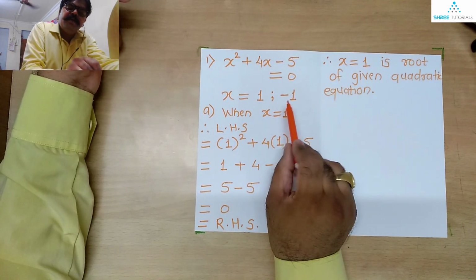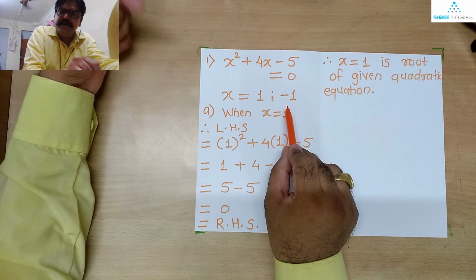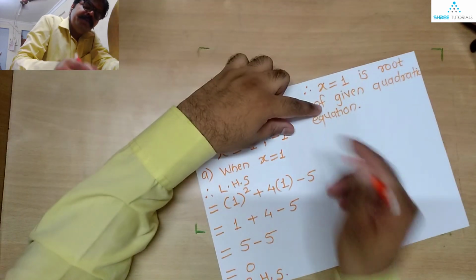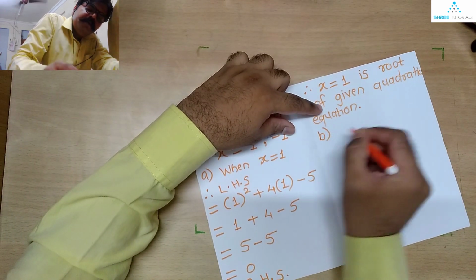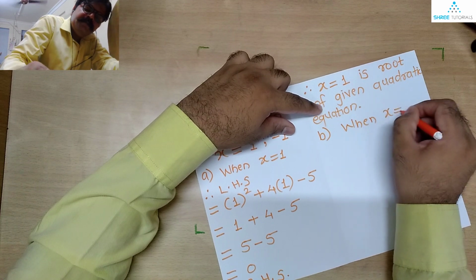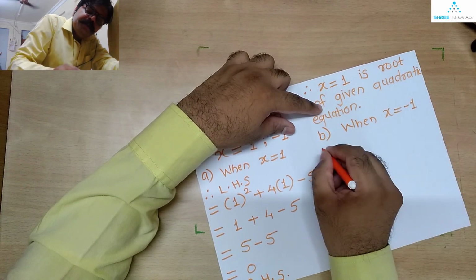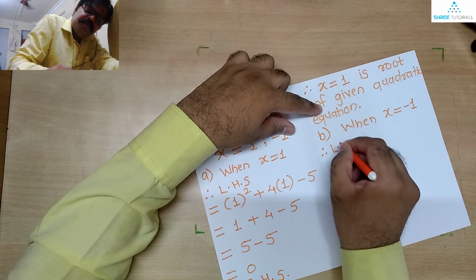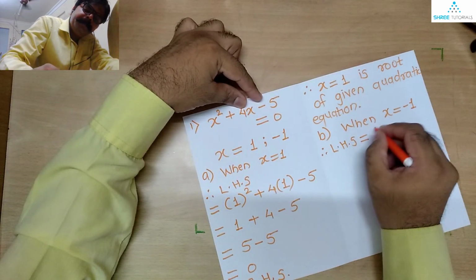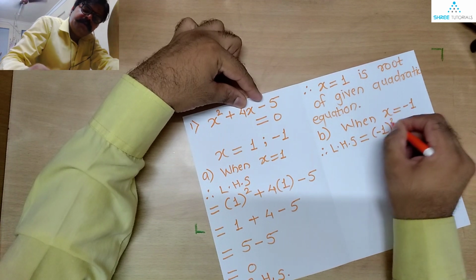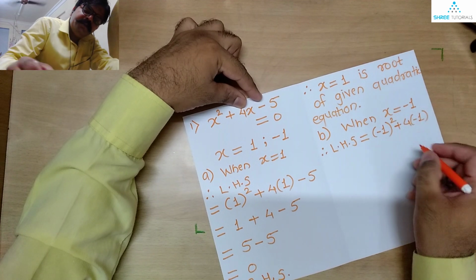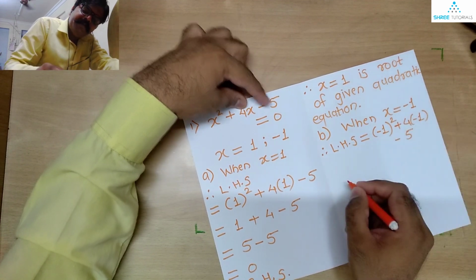But again, another value x is equal to minus 1 we are supposed to verify. Therefore, when x is equal to minus 1, LHS will be equal to minus 1 square plus 4 into minus 1 followed by minus 5.